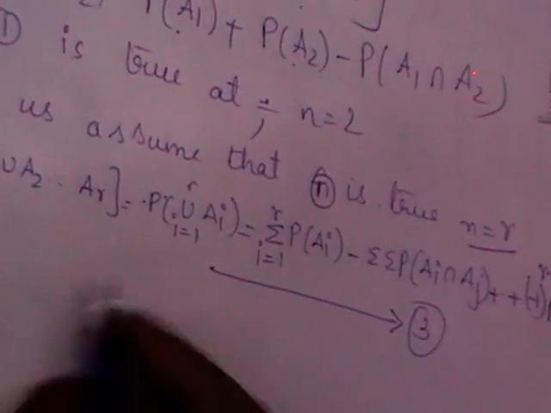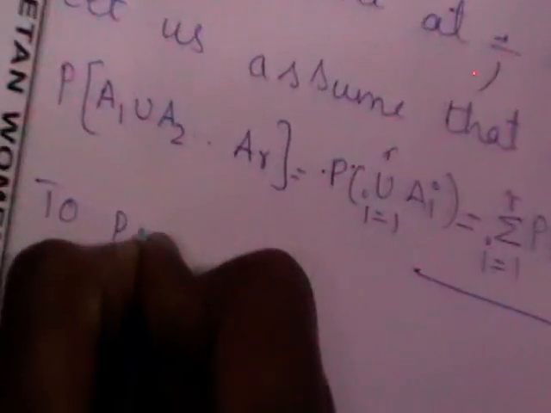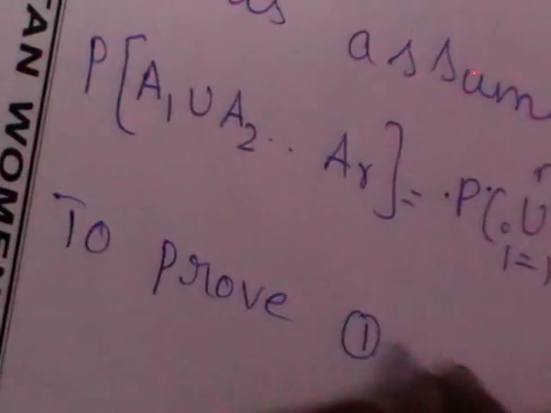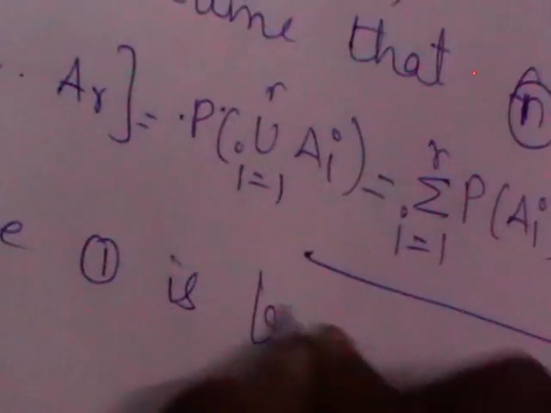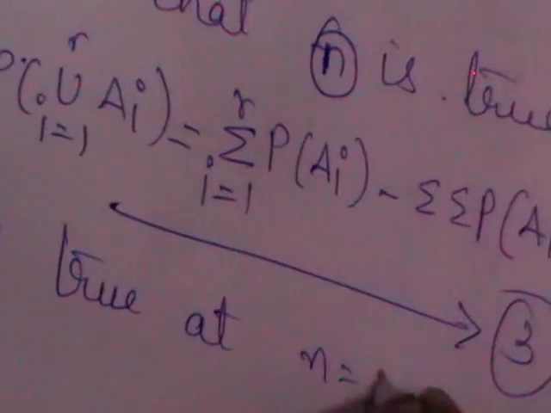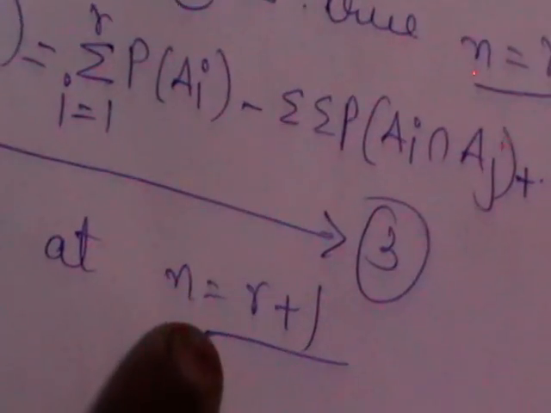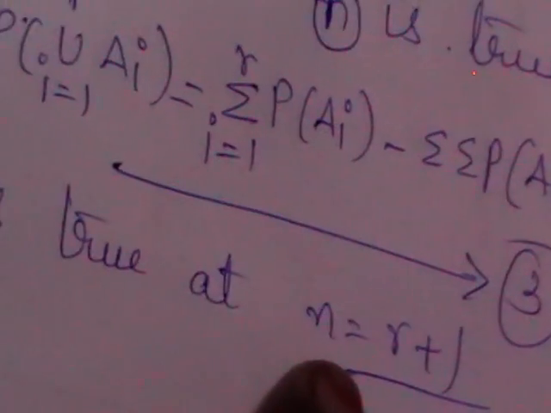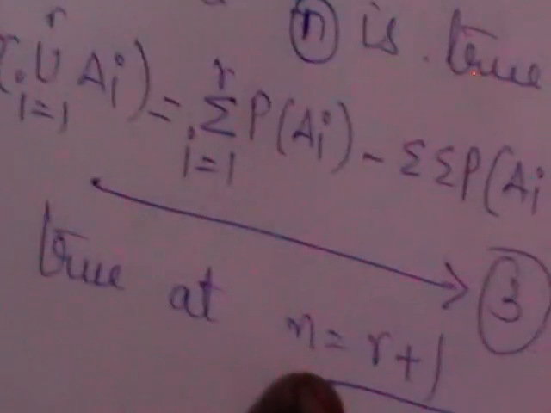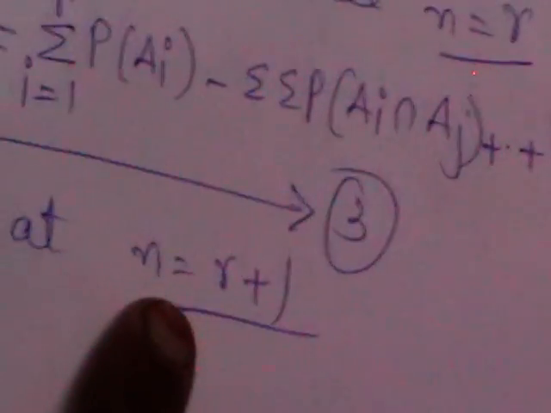So what is the next step? You need to prove that equation 1 is true at n is equal to r plus 1. If you can prove this statement, we can say that equation 1 is true for all positive integral values of n.